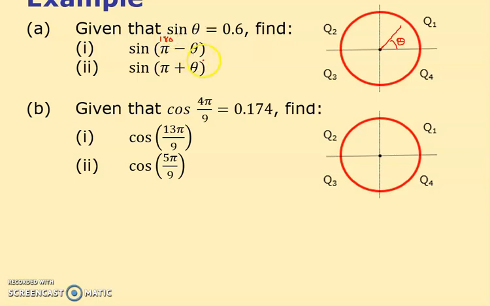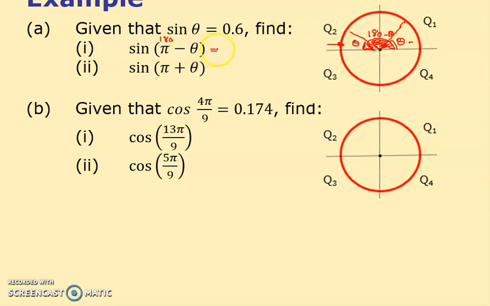So 180 minus theta, if you think about it, I think it's the equivalent over here. I think that's theta there. If you think of all of this as 180 minus theta, then that's what we're after. And the whole point about this is, if I know that that sine is 0.6, I know that this is also 0.6 over here, because effectively we always find with a CAST diagram the angle to this angle here.